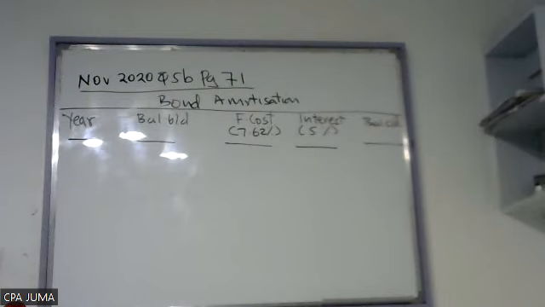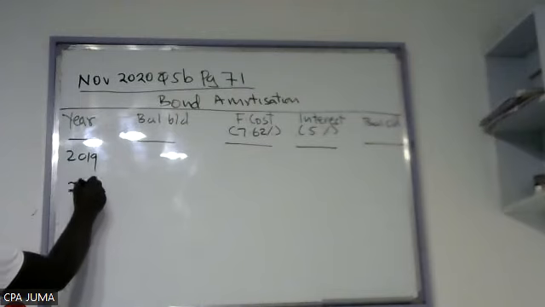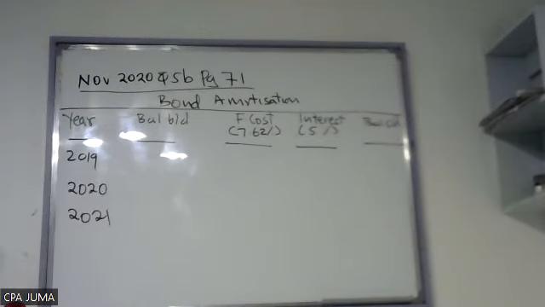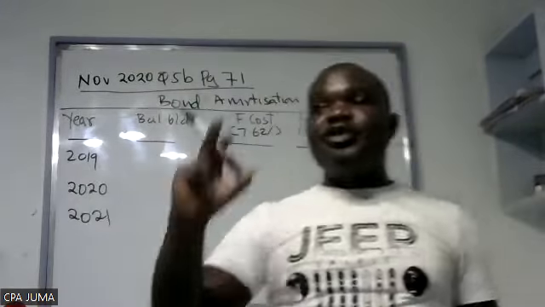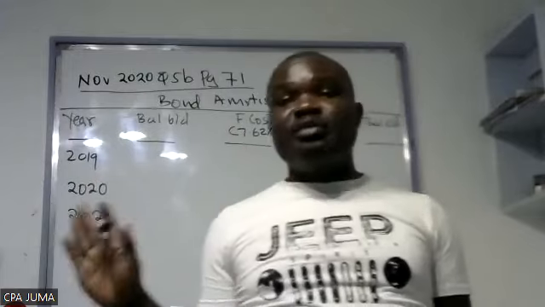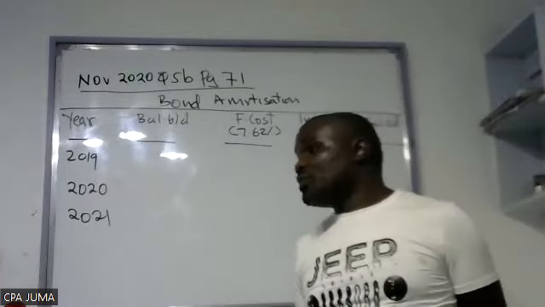All right, so we keep going. And this is how we start. This is 2019, 2020, 2021. So interest is always constant, and interest is always based on the nominal value of the bond. Nominal value of the bond was 100 million. You saw the discount.